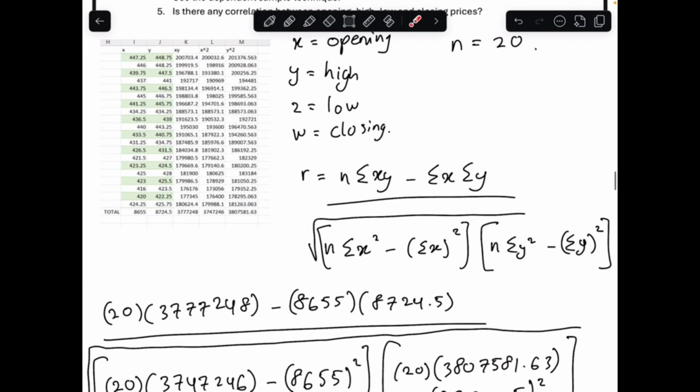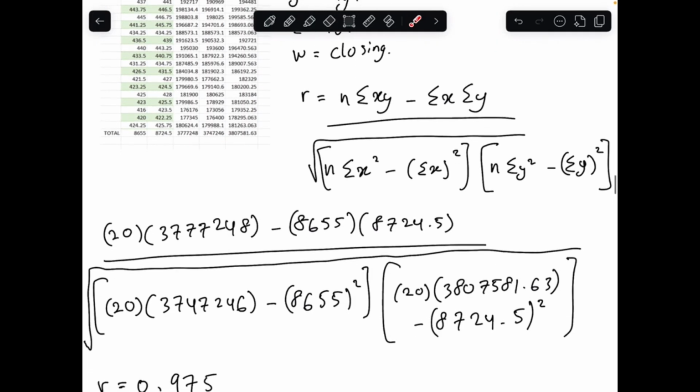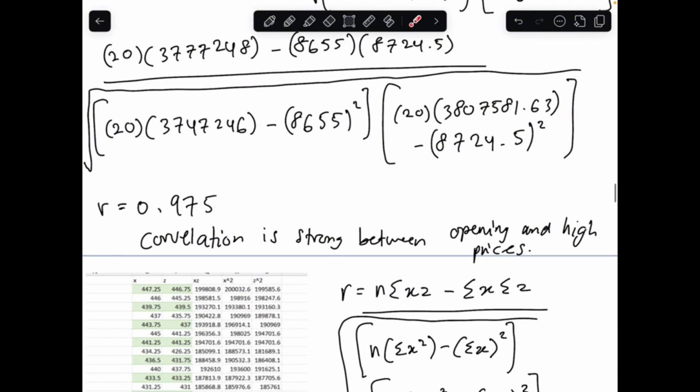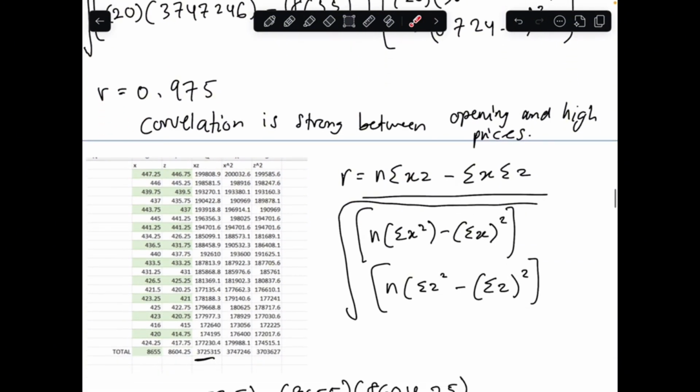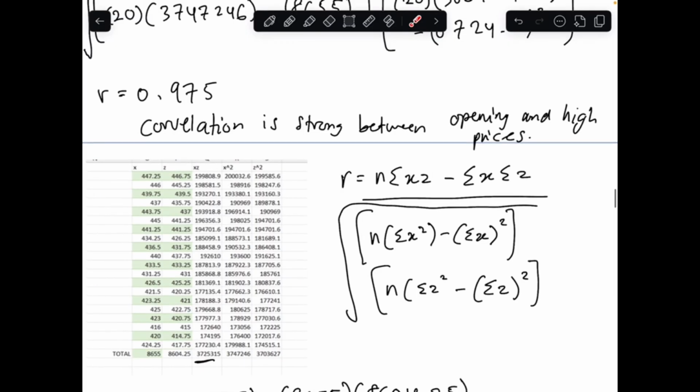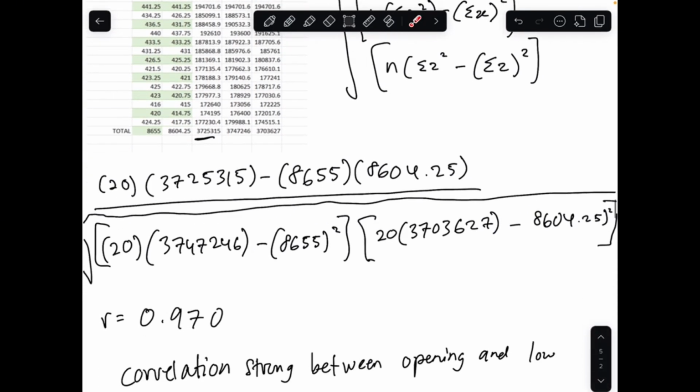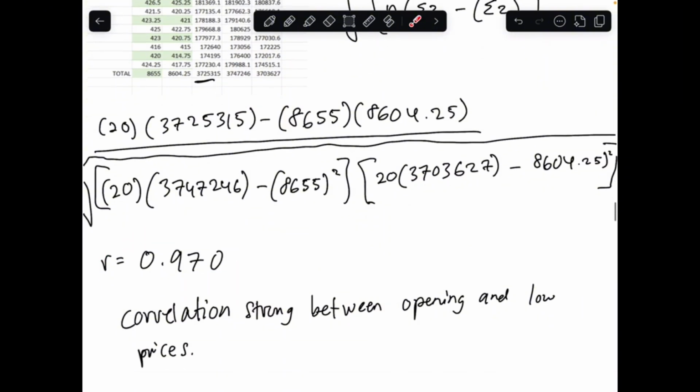For the correlation between x and y, which is opening and high, we will get 0.725. And for the correlation between x and z, which is opening and low prices, using the same formula we will get 0.970.